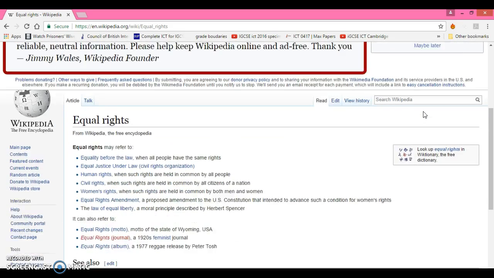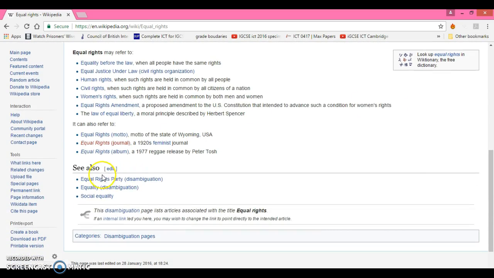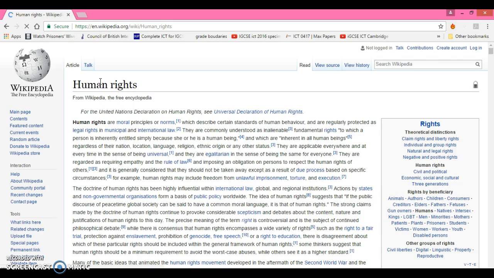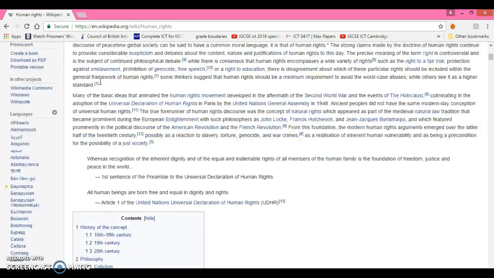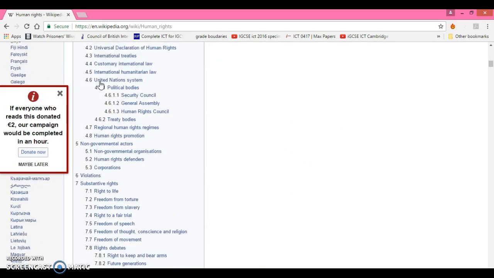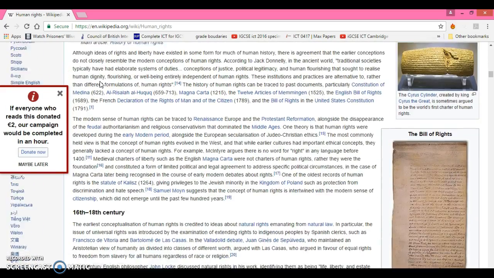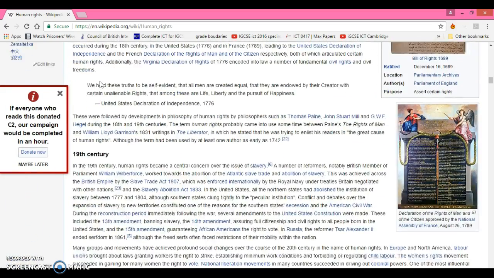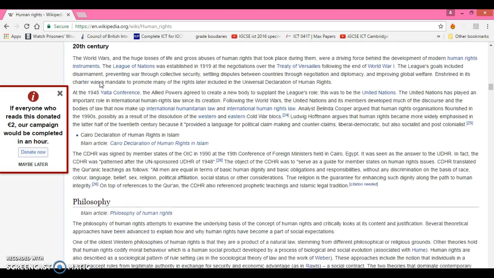and scroll down, okay, and well, maybe go on to any. So if I'm looking for equal rights, okay, maybe I might look up human rights. And then if I scroll down, you can see here, hang on a second, I'll just get there when it goes to the end.